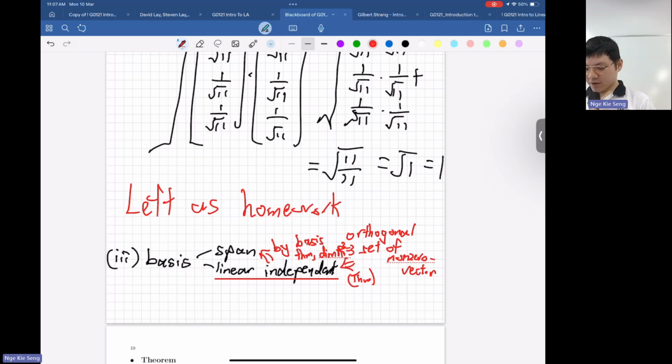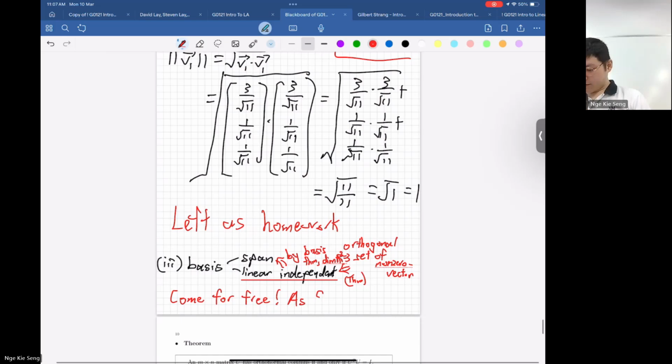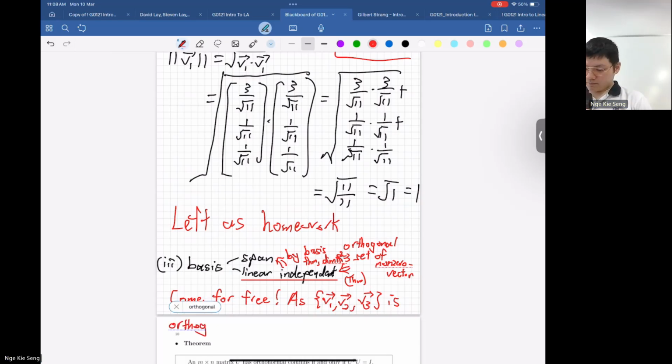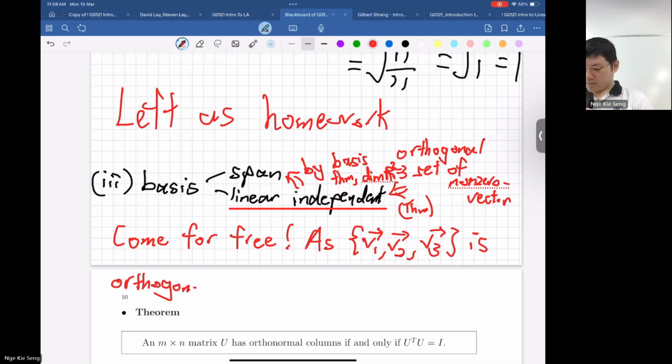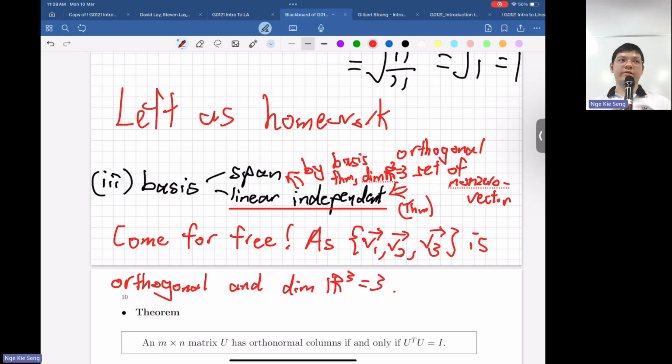The third part here comes for free, because we know that V1, V2, V3 are orthogonal and we know that the dimension of R3 is 3. Okay, the basis part comes for free.